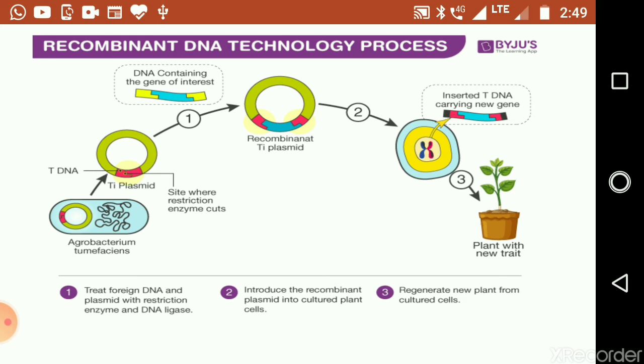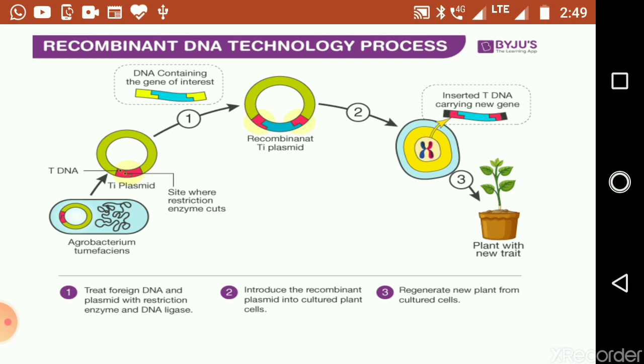Here in this diagram we can see how desired DNA is inserted into the Ti plasmid. The same process: the Ti plasmid is isolated, cleaved by restriction enzyme, and the desired DNA is integrated into the Ti plasmid.